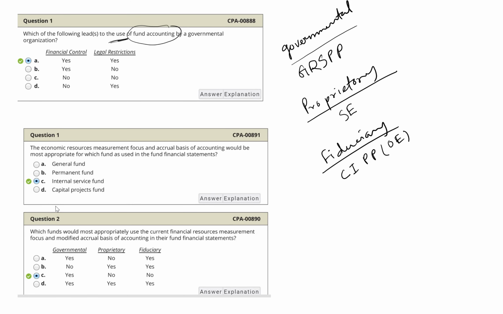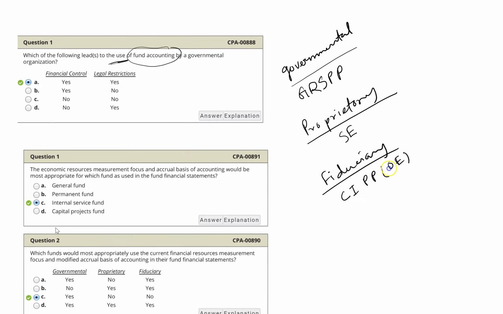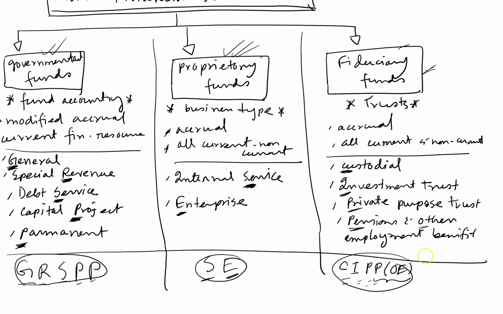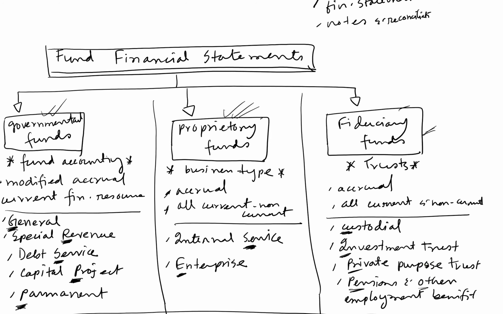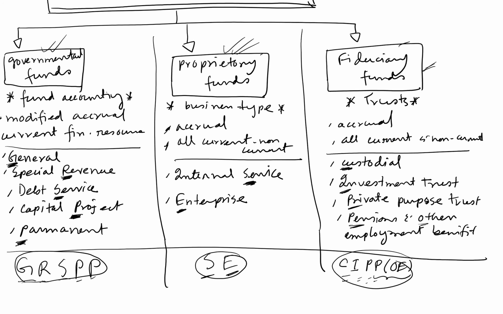So question number 1: the economic resources measurement focus and accrual basis of accounting would be most appropriate for which fund as used in the fund financial statements? For fund financial statements, remember that means all three broad categories of funds, and within every category you have different types of funds.